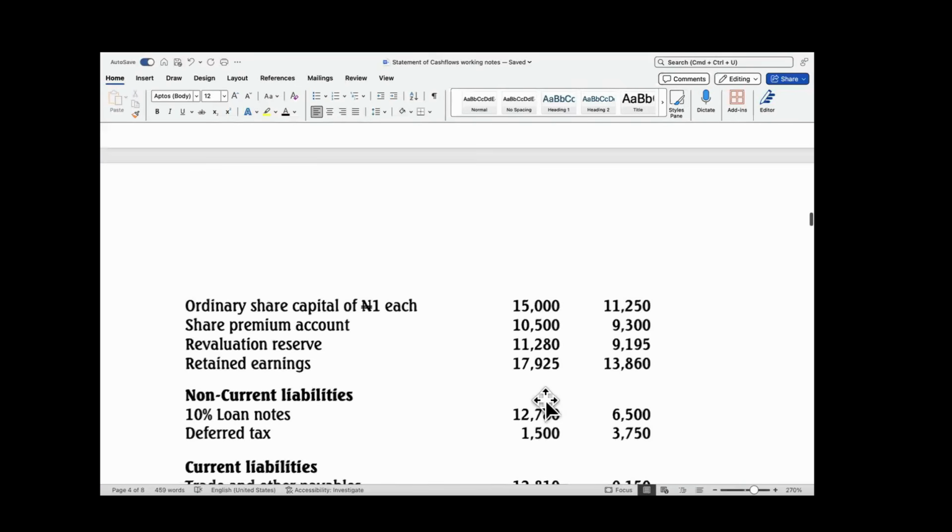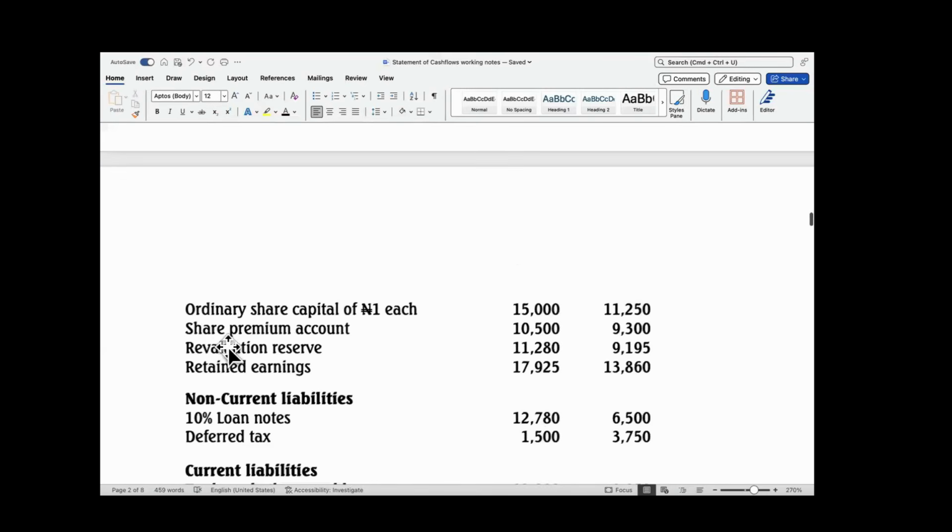The only other one that a lot of students will omit is revaluation, because what causes movements in PPE is either addition, disposal, revaluation, or impairment loss. A lot of students will forget this and get it wrong.